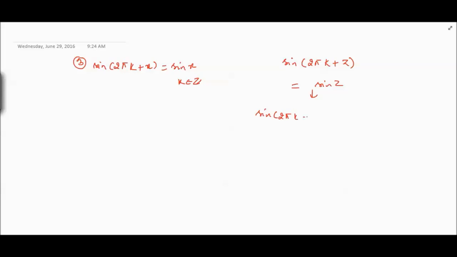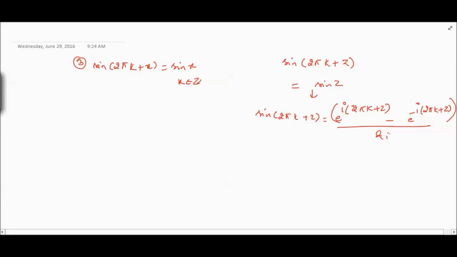sin(2 pi k + z) is equal to (e^{i(2 pi k + z)} - e^{-i(2 pi k + z)})/2i. Now what is this? This is e^{iz} into e^{i 2 pi k}, and that is 1.